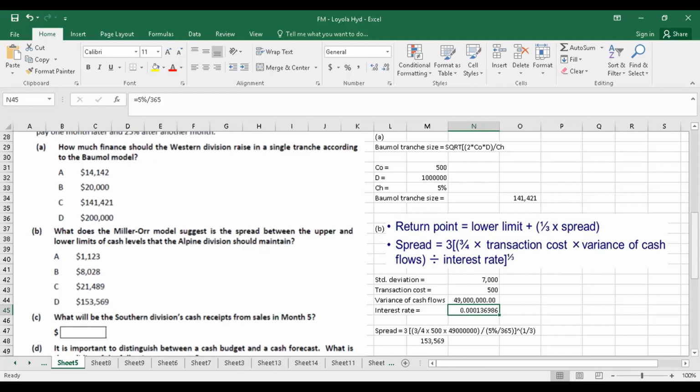Use your calculator and work it out, and this is the answer. And substitute that in spread, and spread comes out to be this one.